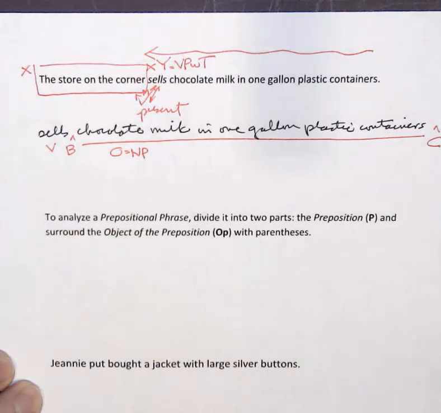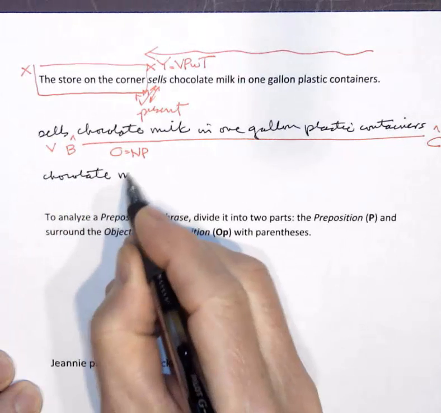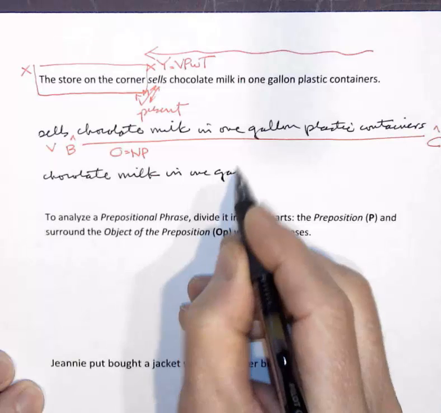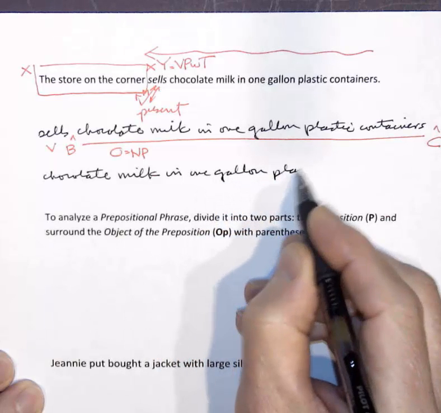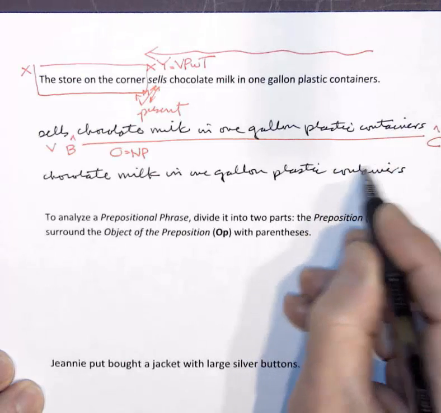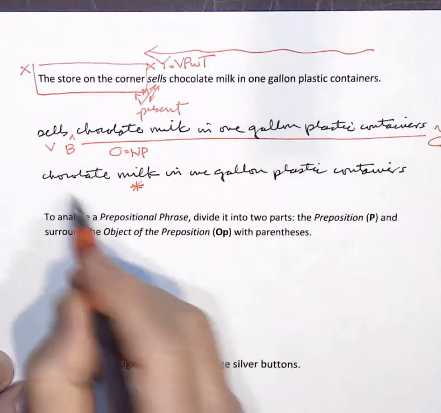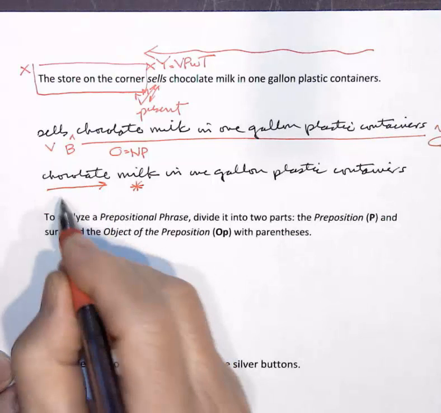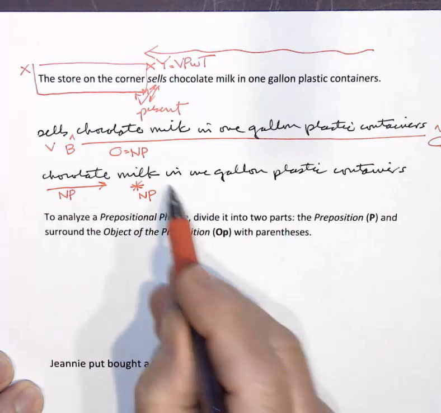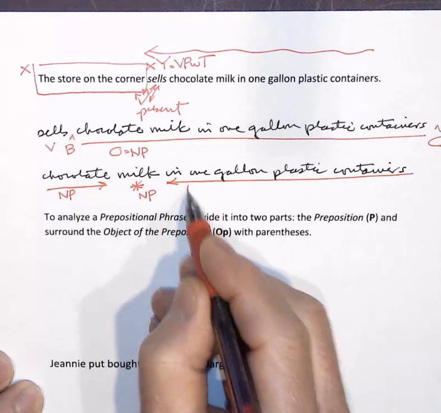Let's rewrite our noun phrase. Chocolate milk in 1-gallon plastic containers, and I have milk as the head, chocolate is a modifier, it's a noun phrase, and in 1-gallon plastic containers is a prepositional phrase.